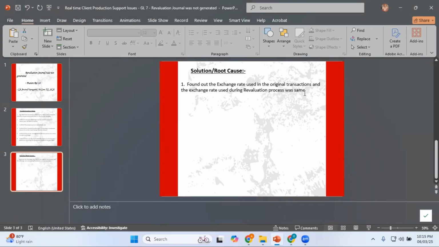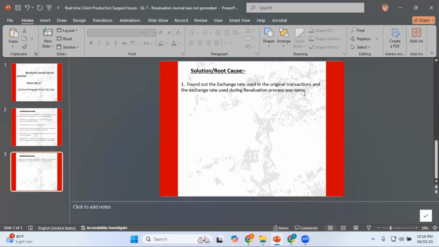So when the original journal was created on, say, May 15th, taking, say, AUD as a foreign currency and USD being our functional currency, let's assume on May 15th the exchange rate is one AUD equal to 0.8 USD. I'm just making this up, it might not be accurate.